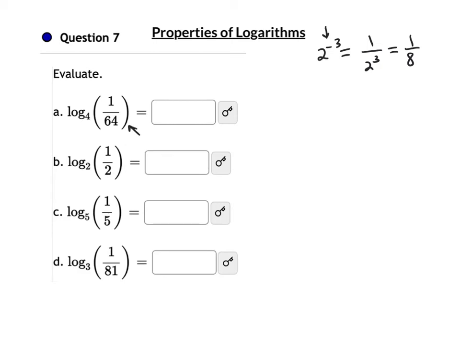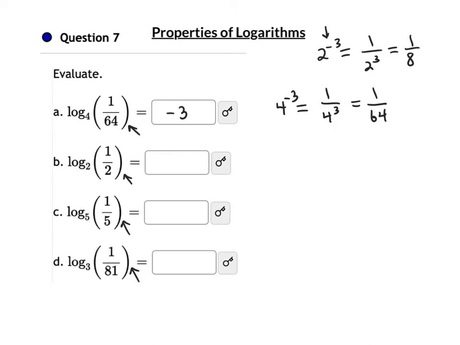The way we get these to be fractions is by using that negative power. 4 to some power is 64. That's 4 to the 3rd. But because it's 1 over 64, it'll be negative 3. 4 to the negative 3rd is 1 over 4 to the 3rd, which is 1 over 64.